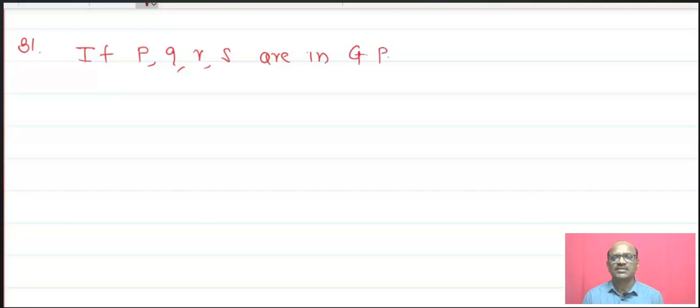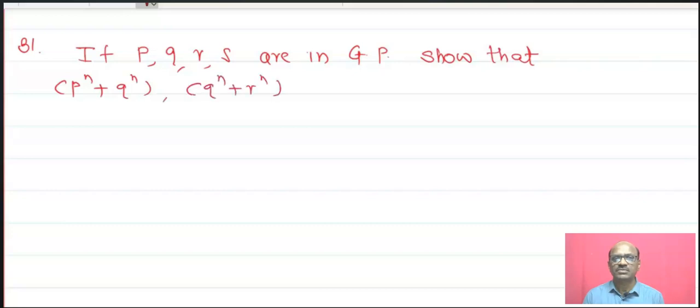Now the next is question number 31. If p, q, r, s are in GP, show that p raised to n plus q raised to n, q raised to n plus r raised to n, r raised to n plus s raised to n are also in GP.